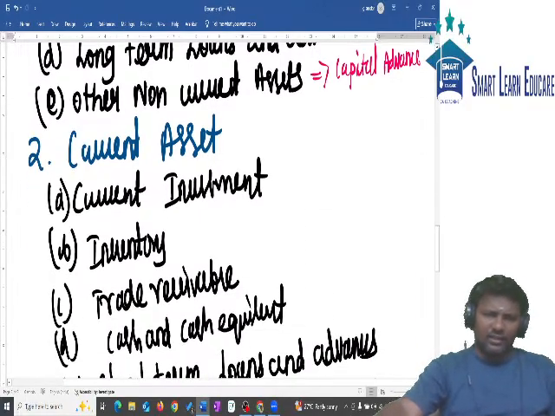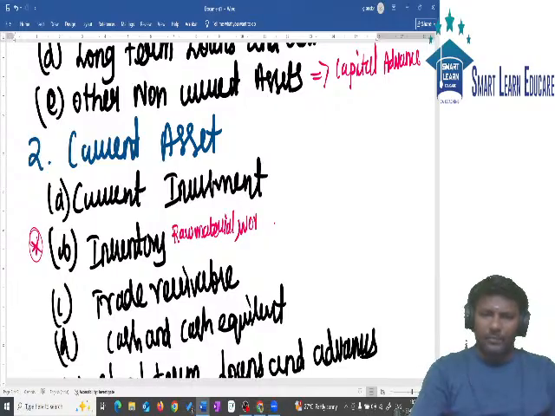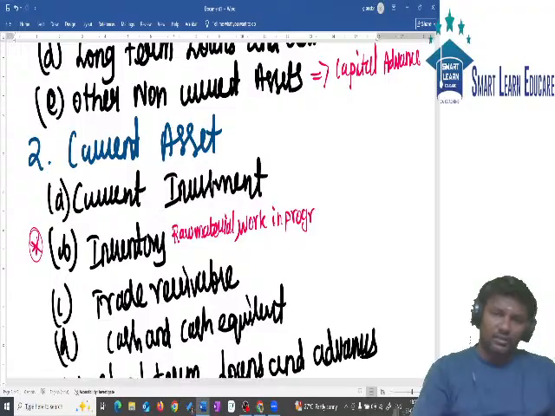Current asset, inventory. Inventory means stock. In current assets, inventory is important. As per AS 2, the following things will be reported. Raw material will be reported. Not only raw material, work in progress is also reported. Semi-finished goods are called work in progress.